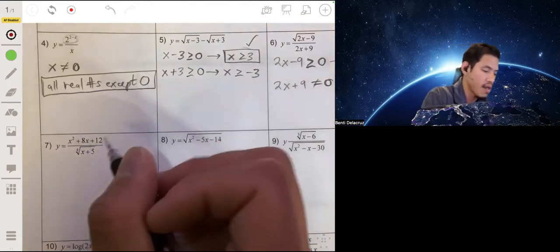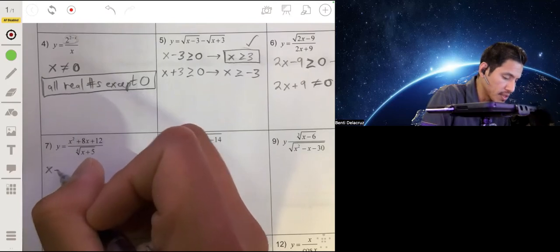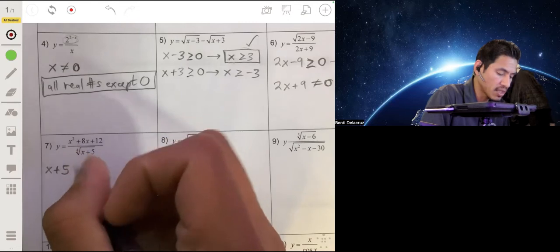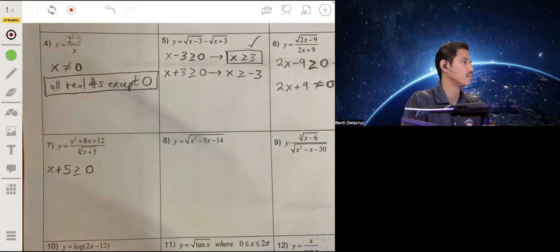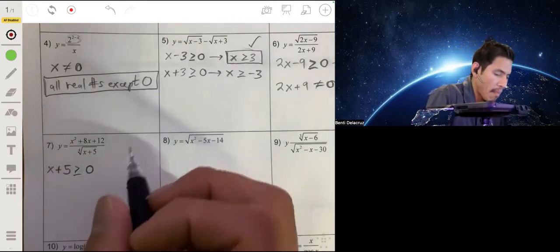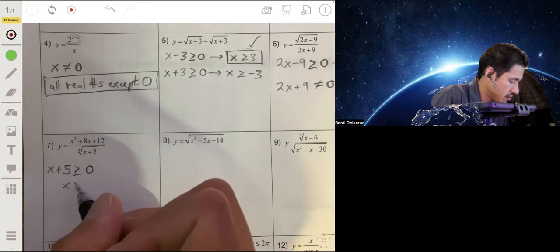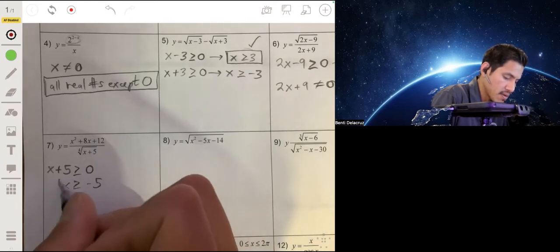We can only take the 4th root of numbers that are positive or 0. So we would have to make x plus 5 greater than or equal to 0, similar to square roots. So we solve this. Take away 5, x is greater than or equal to negative 5, and that's it.